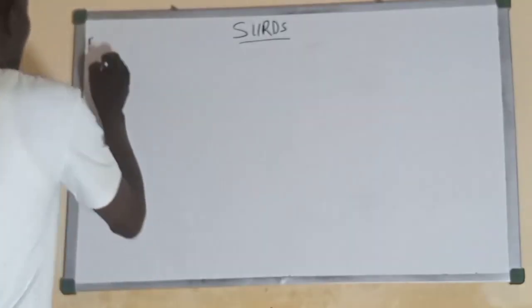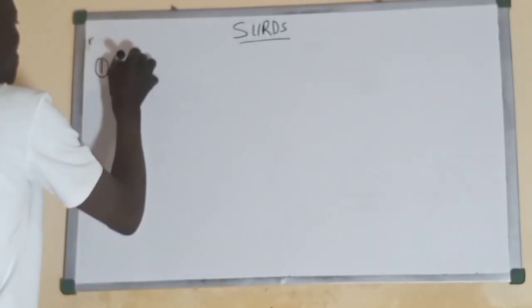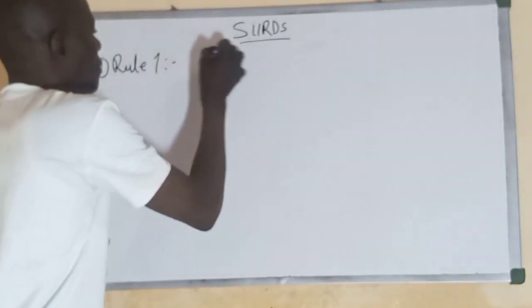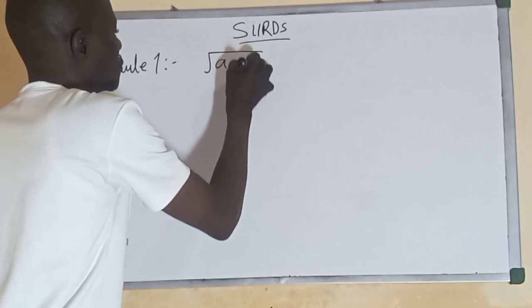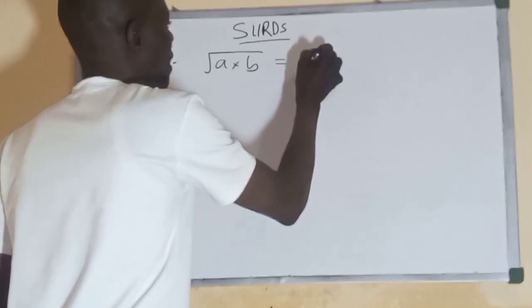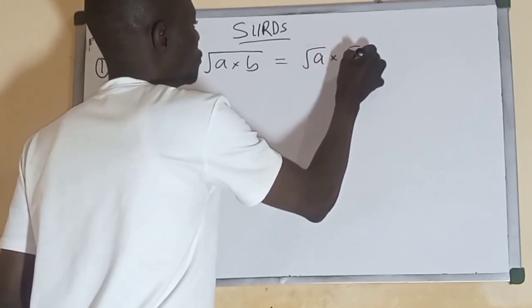Now rule number 1 says whenever you have the square root of a times b, it is the same as the square root of a times the square root of b.